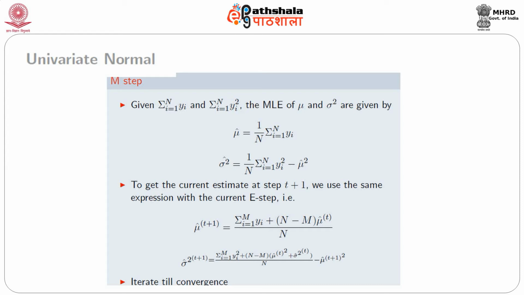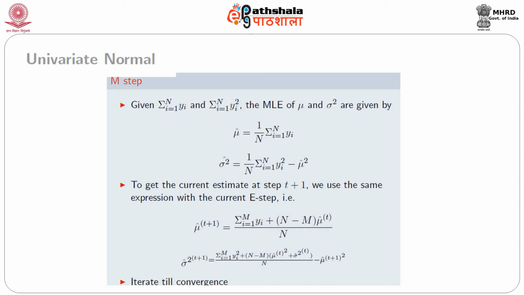So, we have started at t, and the next iteration would be at t plus 1. To get the estimates at step t plus 1, we use the same expressions with the current E step.